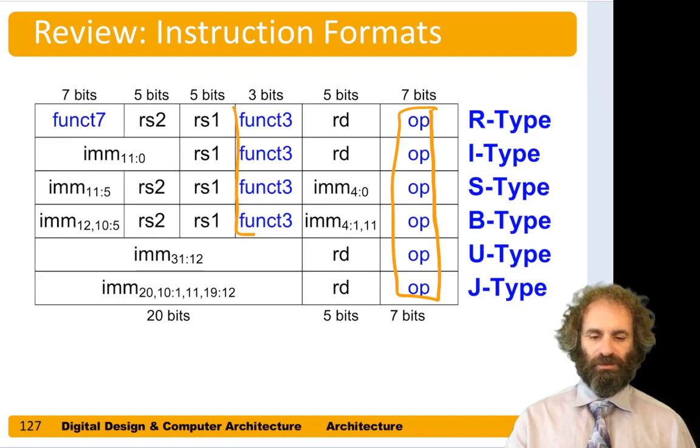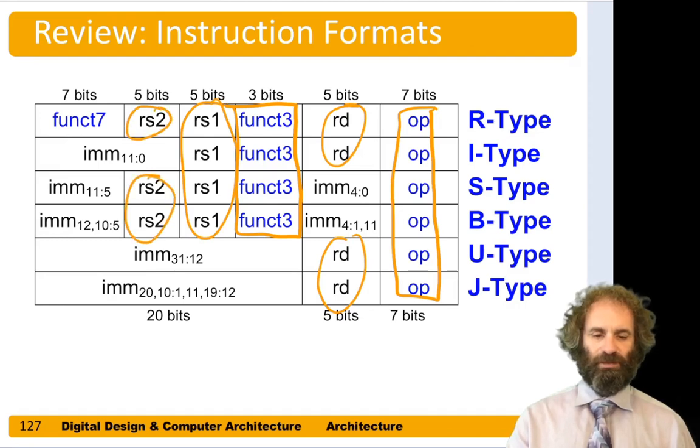All the instructions that take a funct3 also have that in this middle position. You'll notice all the instructions that need an RD have it here. All the ones that need an RS have it here. RS1, RS2 have it here. And then R-type instructions have 7 more bits available for funct. The other types of instructions have an immediate, and it's packed into various places.